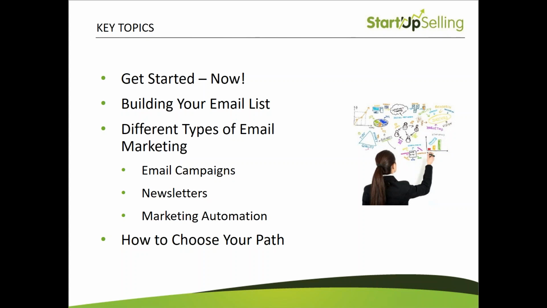So we'll talk about building your list. Then we're going to cover three different types of email marketing: traditional email campaigns, newsletters, and sophisticated marketing automation, and explain to you the criteria you need to review or follow to choose the best path for your agency.